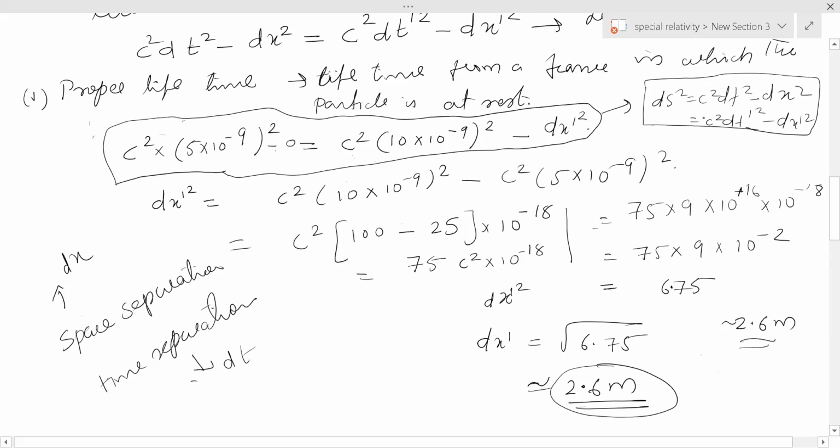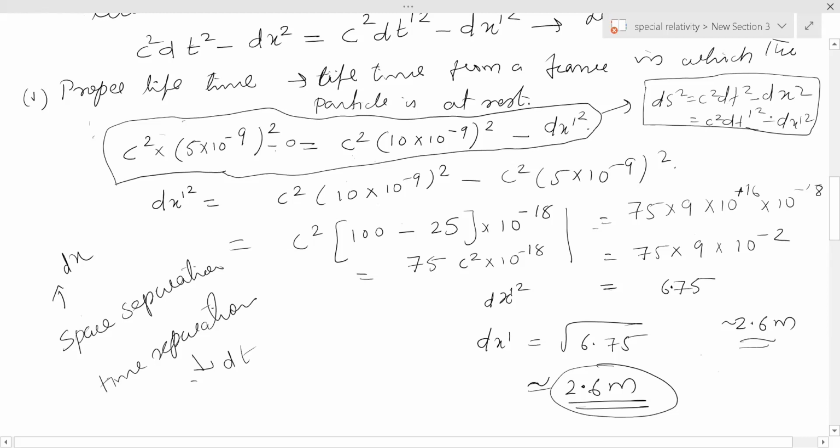Even if the velocity is given, you may be able to solve many problems using this. So you just remember that this quantity is Lorentz invariant and see if you can use it when you solve the problem. You just have to be familiar with this.